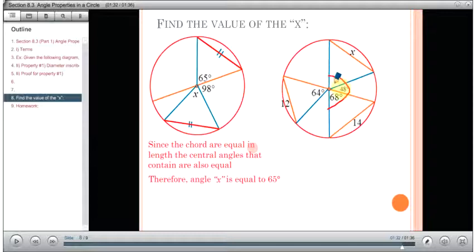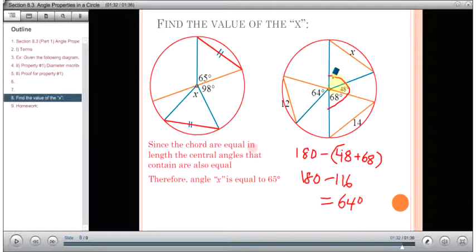So we can figure out what this is. We can do 180 minus 48, and that's 68, to figure out what the remainder is. When you do all that, you get 180 minus 116, which gives us 64 degrees.